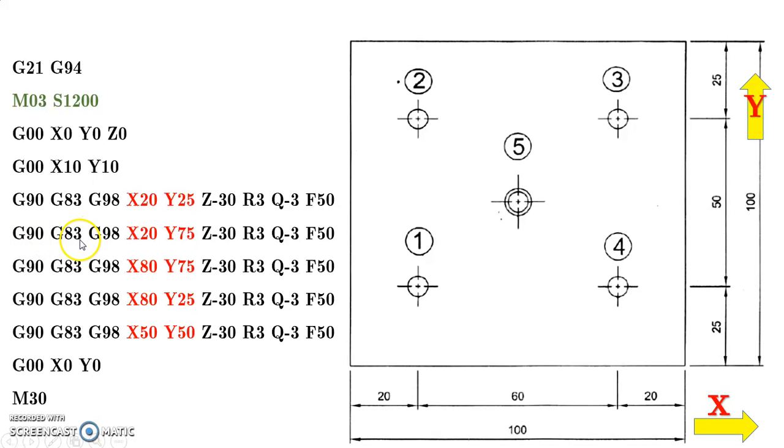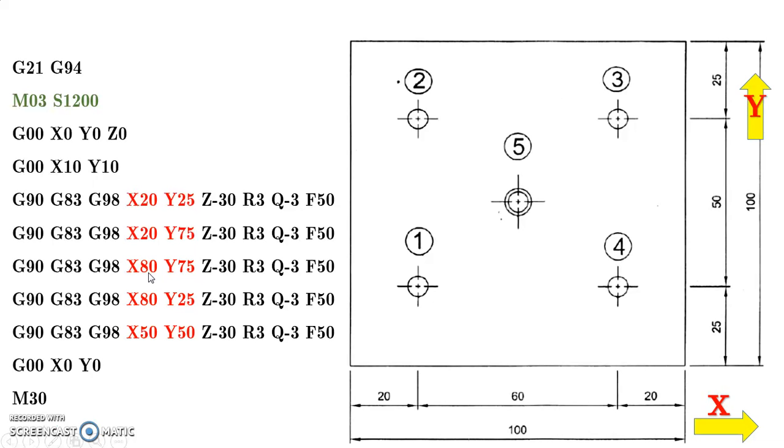Then G90, G83, G98, the drill bit will go to the next position, hole number 2, with the same value of X and the higher value of Y, that is 25 plus 50, 75. It will repeat the operation that it did first. Then it goes to the next position.